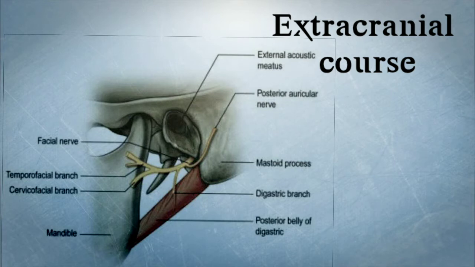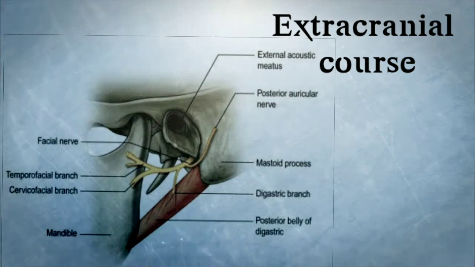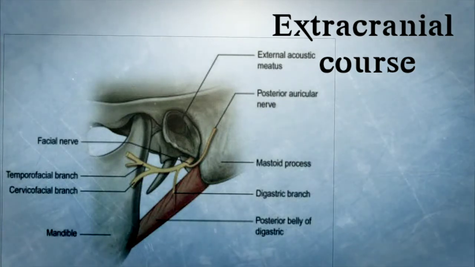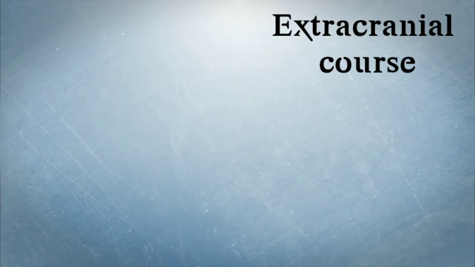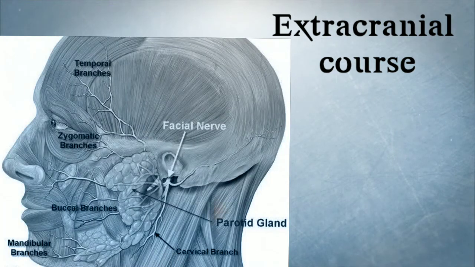Then some of the motor branches are sent to the posterior belly of the digastric muscle and the stylohyoid muscle, and the main trunk of the nerve is termed as the motor root, which continues anteriorly and inferiorly into the parotid gland. Now within the parotid gland, the nerve terminates by splitting into 5 branches, which are temporal branch, zygomatic branch, buccal branch, marginal mandibular branch and cervical branch.